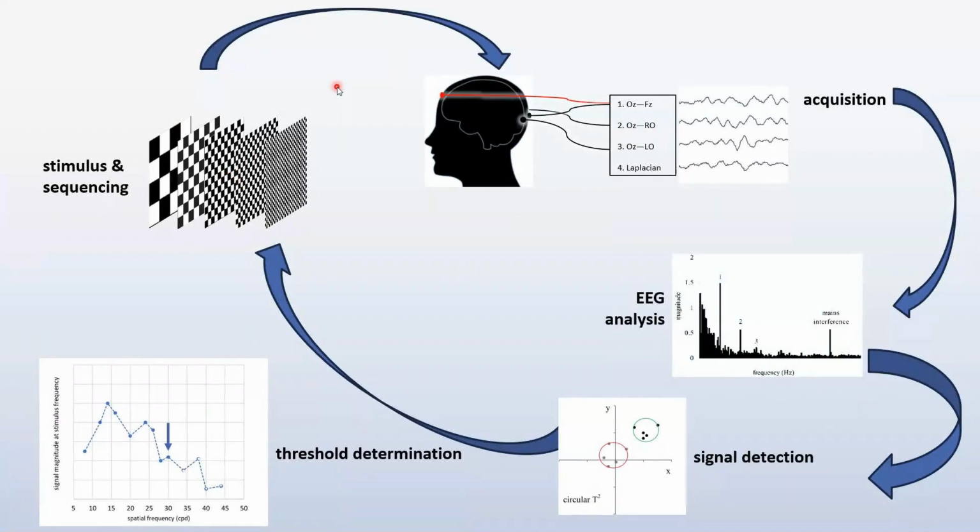We analyse their EEG in real time. We perform objective statistics on it to determine whether or not there is a VEP in response to that stimulus. And if the answer is yes, we show a smaller check size. If the answer is no, we show a larger check size than just watched. And the whole process can be fully automated.